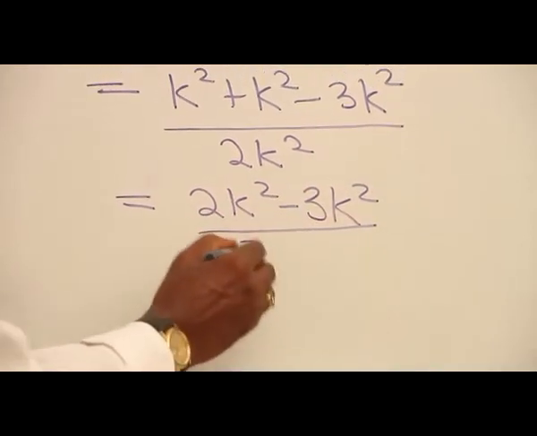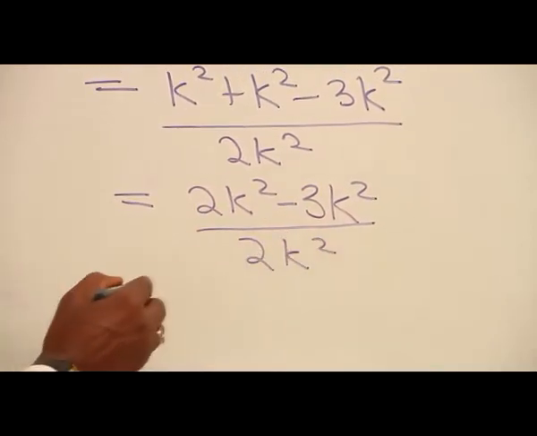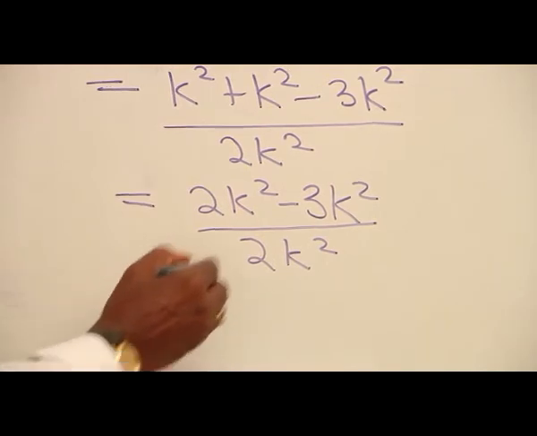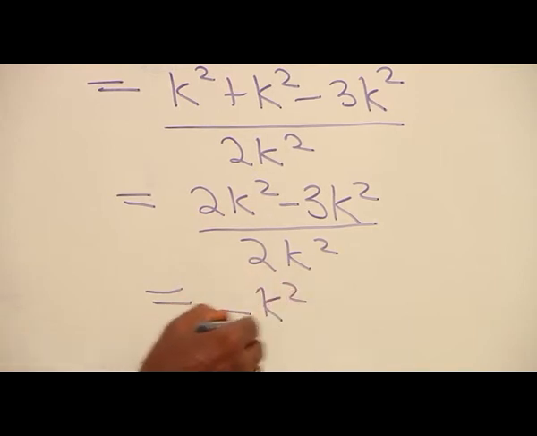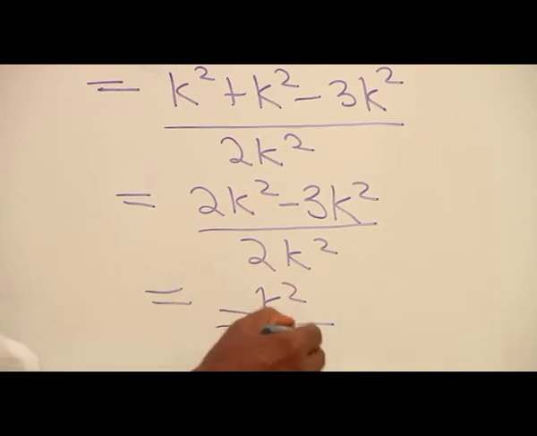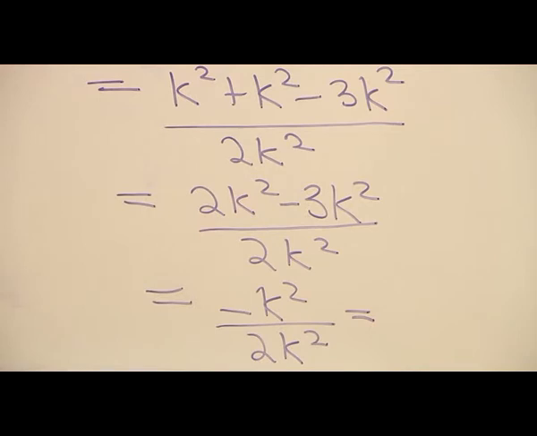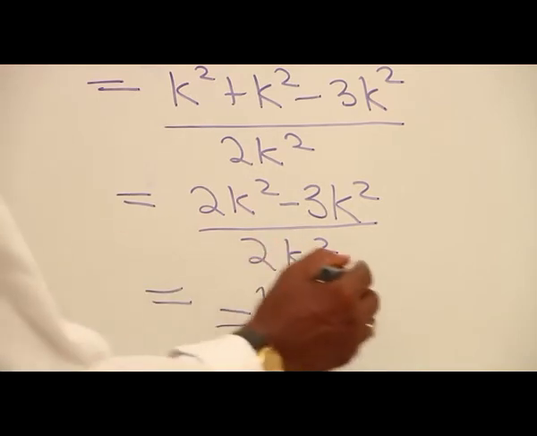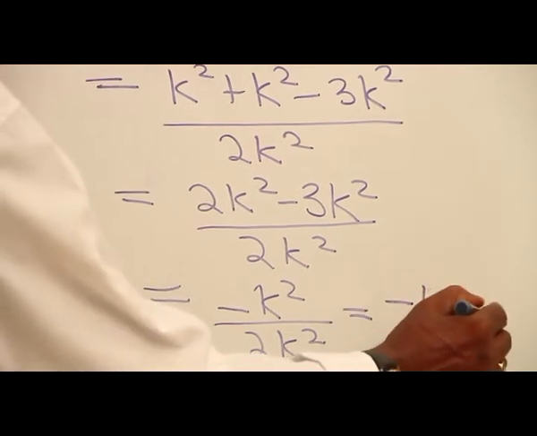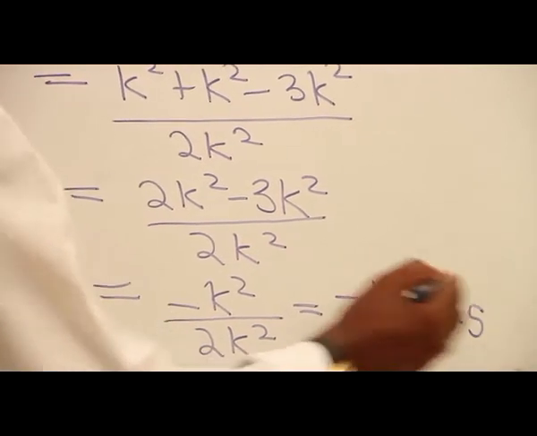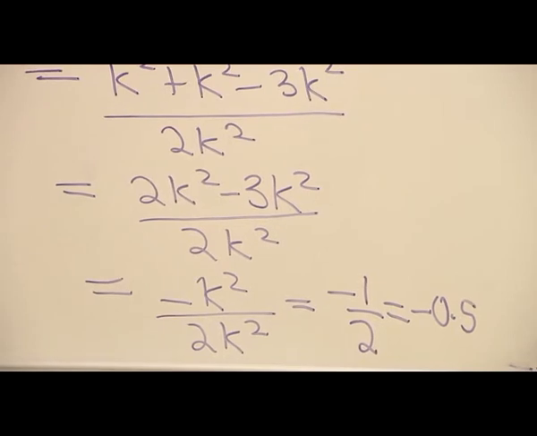Everything here will be divided by 2k squared. Now going further, if you subtract this, you have minus k squared all over 2k squared. And the result of this, k squared will cancel k squared, we have minus 1 all over 2, and that is minus 0.5.